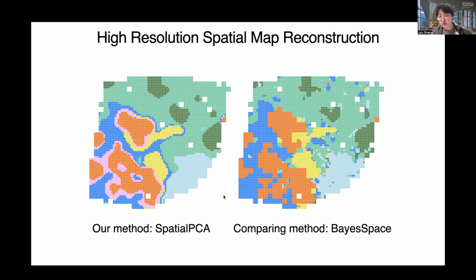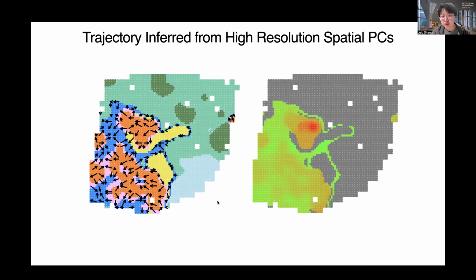This might be because the competing method uses a Potts model and only considers very short-range spatial dependency between locations. In our method, we use the Gaussian kernel, so you can model longer-range connections between the spatial locations. So that is our method, SpatialPCA.